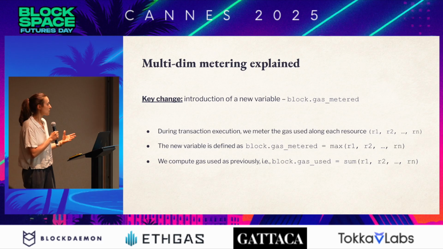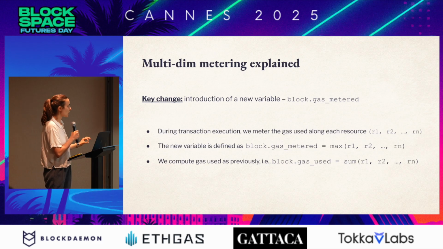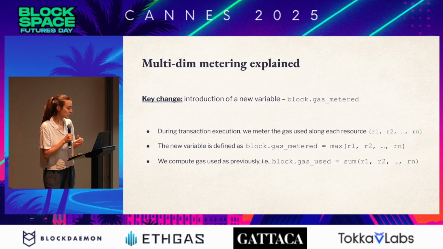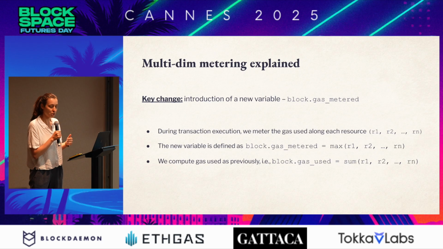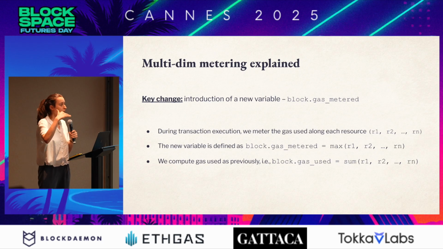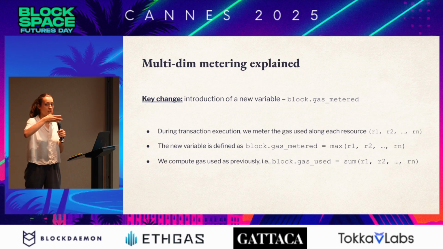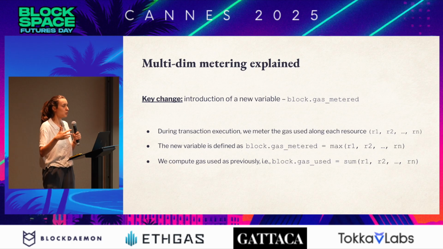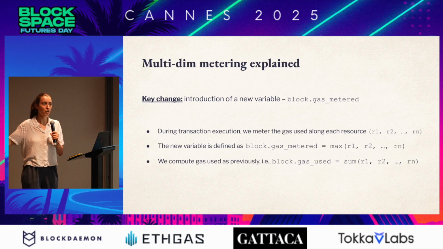We are just introducing a key change, which is this new variable, the gas metered. The way it works is that during transaction execution, instead of tracking a single measure of gas, now we are tracking a vector of gas usage, and each dimension will be a resource. We can have compute, state growth, memory, storage, etc.